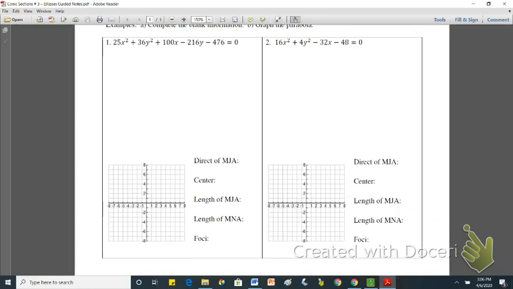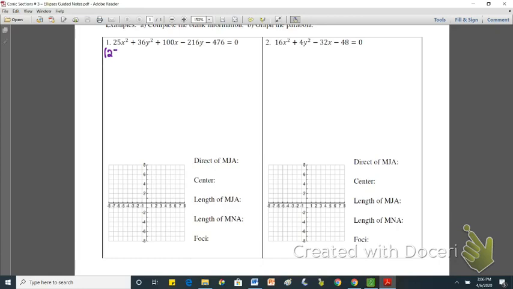So let's focus on the first one. Notice I still have an x squared, a y squared, and my constant. We're going to treat it just like we have treated any conic section before. We're going to group our x's together and group our y's together. So the first step is rewriting it, grouping our things together.